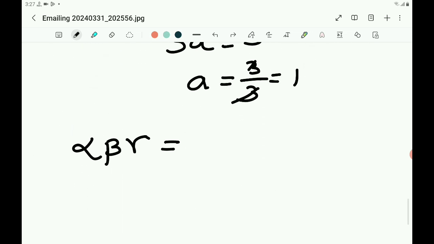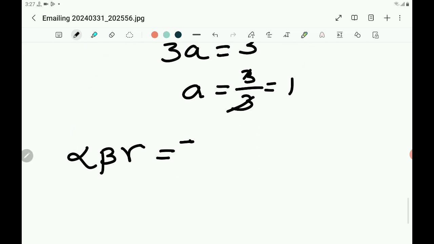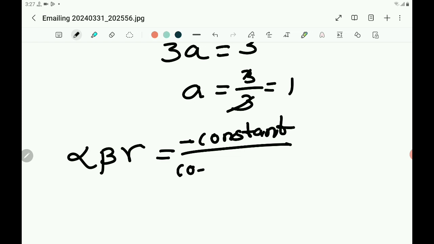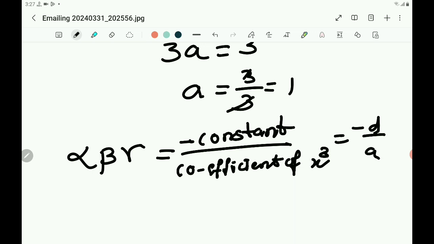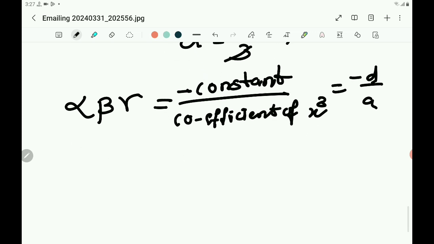Then you take minus constant by coefficient of x cube, that is minus d by a.